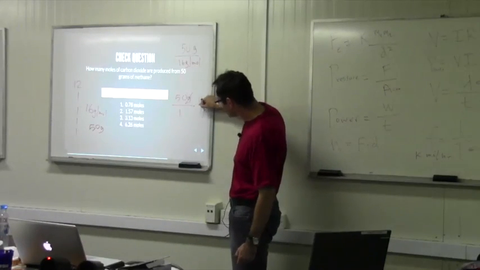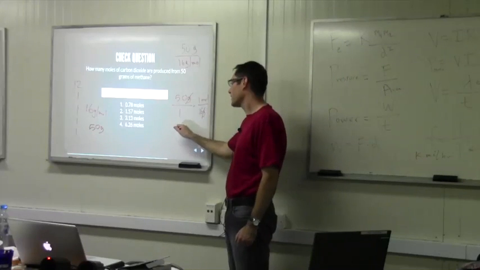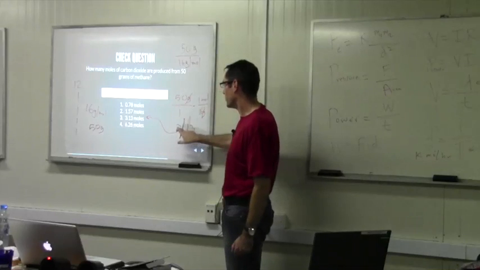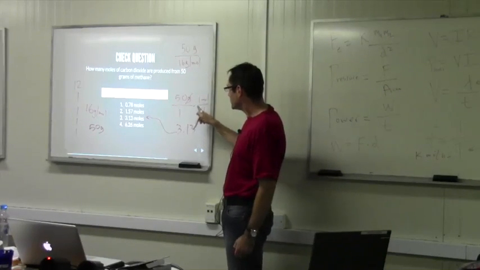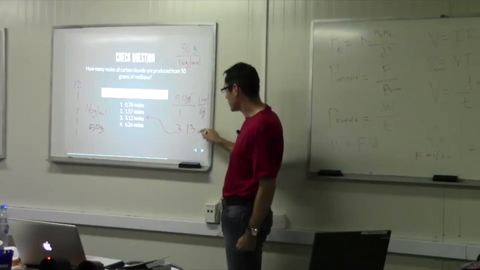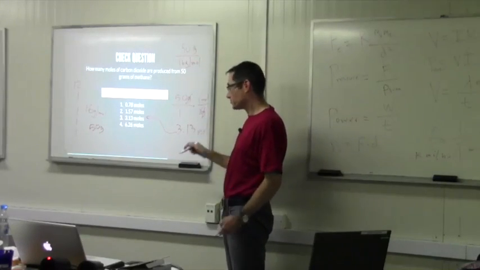The grams cancel out. What's 50 divided by 16? 3.13, by the way. It happens to be one of our answers. 0.32 is not. Is moles now on the top or the bottom? On the top, so 3.13 moles. Is that what we're looking for? That's what we're looking for, so it's probably the answer, right?